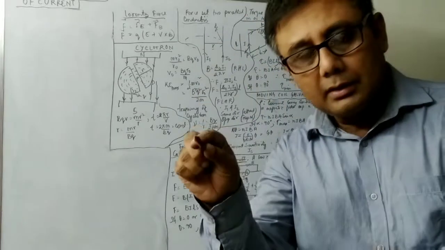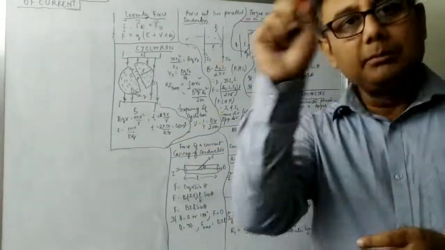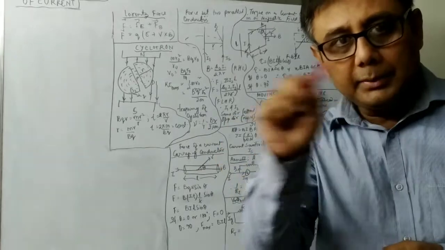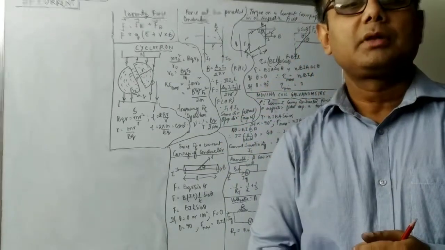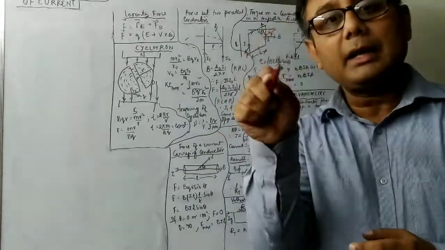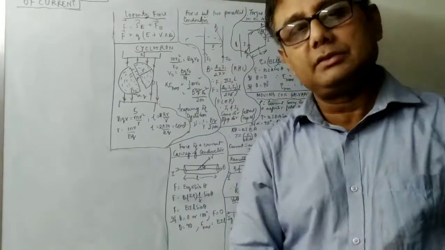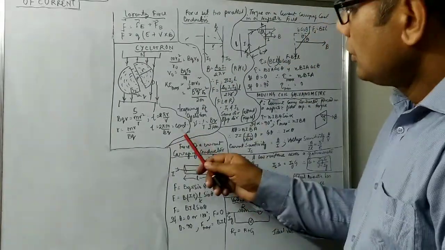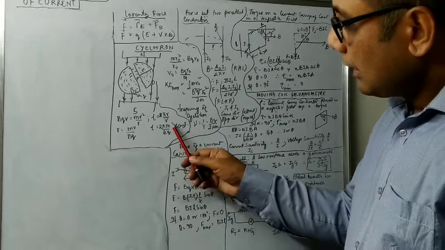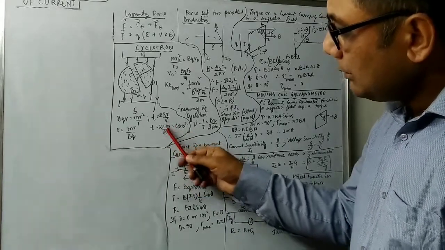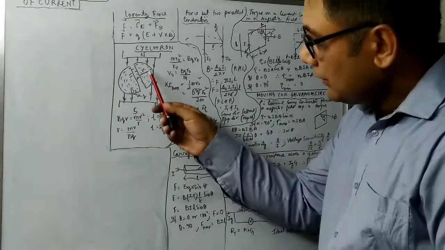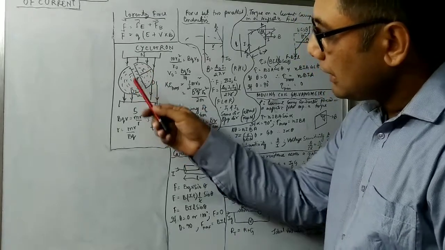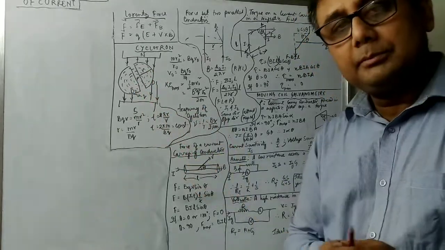That means every time it has to cover half a circle and come to the gap at the same time. It has to maintain a constant time. That is why its velocity should increase. Every time it covers half of the circular path, it takes the same time.